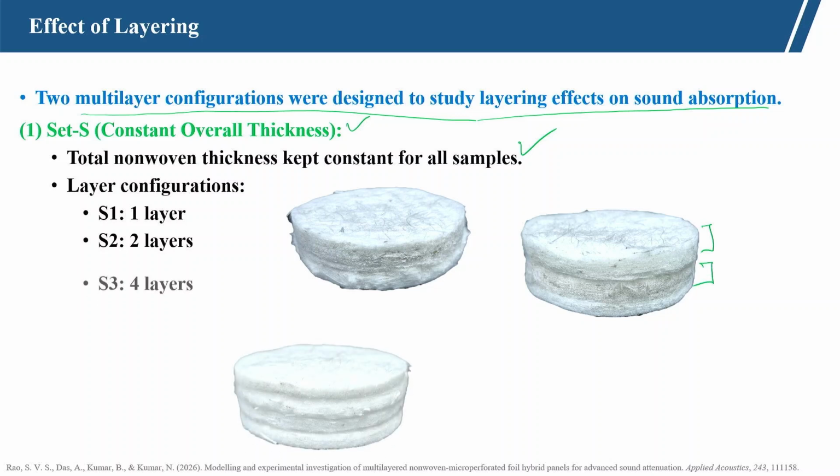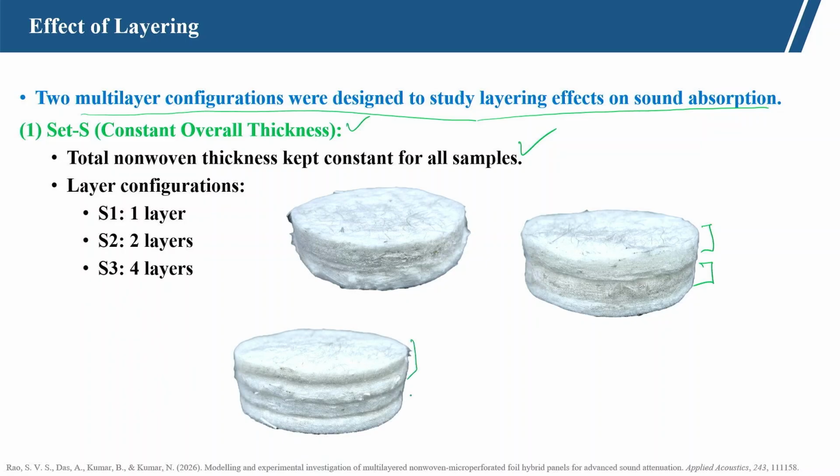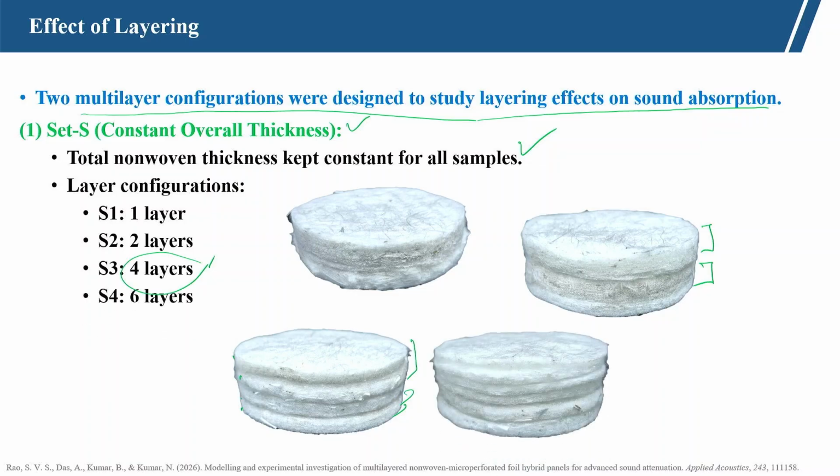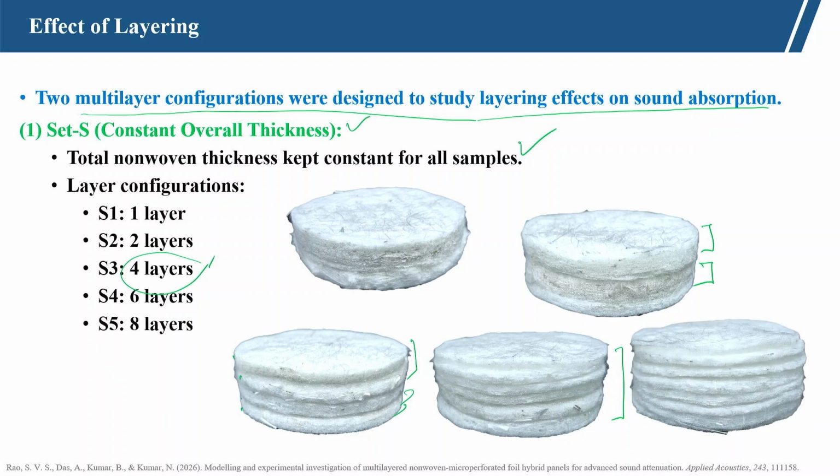This way, the three-layer configuration, then S3 is four layers made of the same thickness, and six layers with the same thickness, and similarly eight layers. So, the number of layers was changed, but thickness was kept constant.